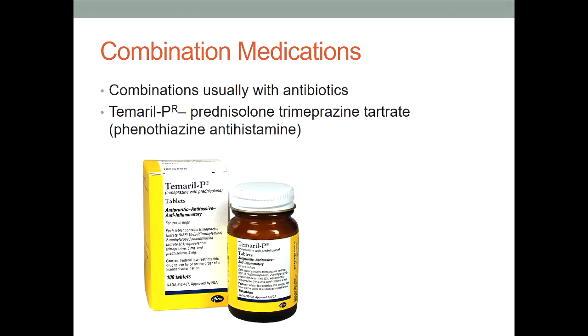And I had a dog that actually presented to me with calcinosis cutis from Temaril-P. This was a big old bulldog too. And I thought there's no way that could ever happen because there's such a low dose of steroids in there. And some people forget that there's steroids in some of these drugs. So again, just be alerted to the fact that there are combination drugs out there and the steroid side effects can certainly happen with these combination drugs.